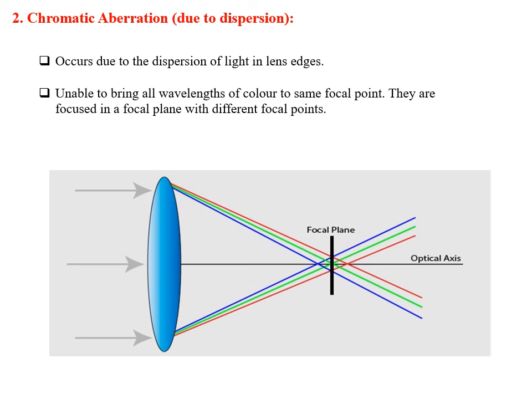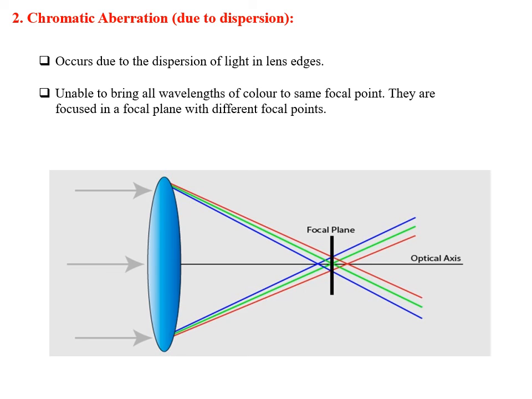Why is it happening? Because the edges of the lenses act as a prism and disperse the white light, and as a result different colors of light are formed here, right? This is mainly due to the dispersion of light at the edges, because those edges act as a prism.